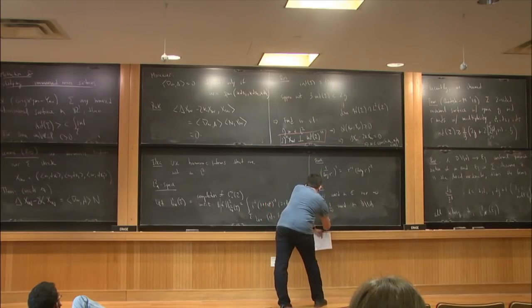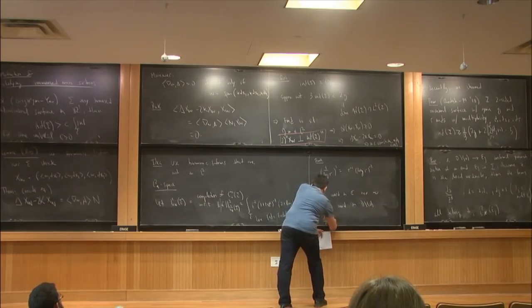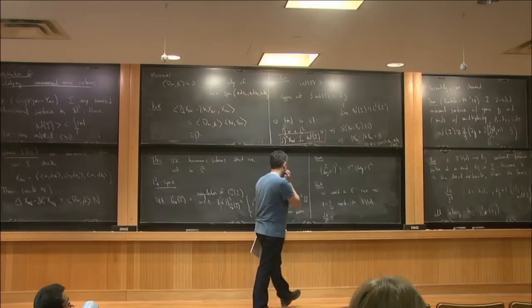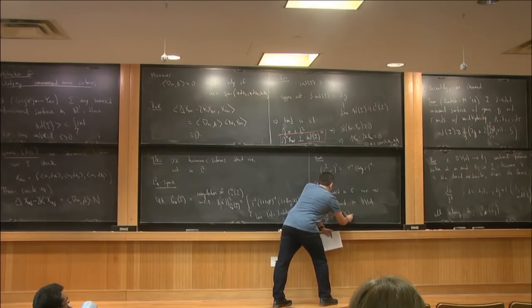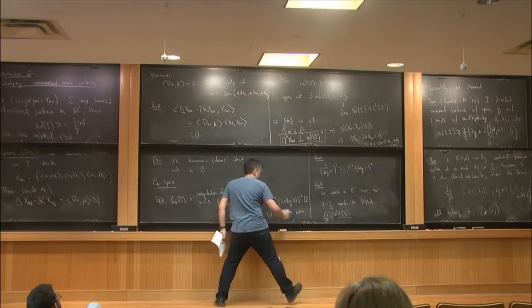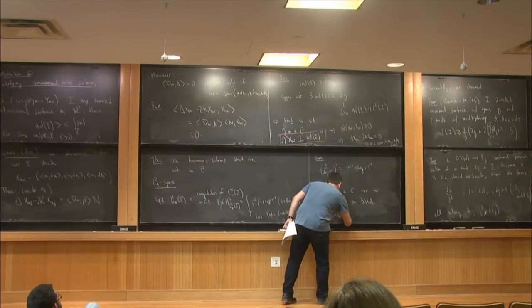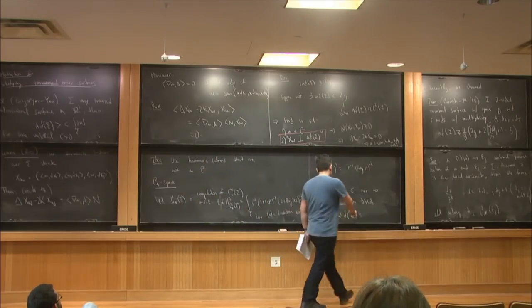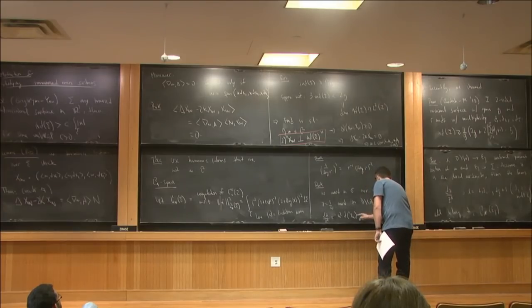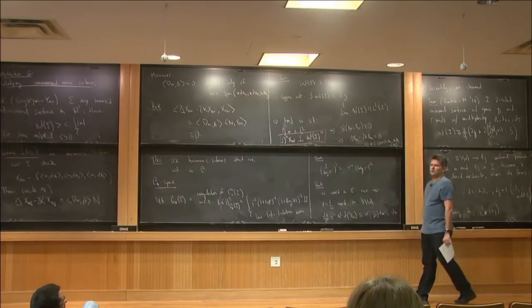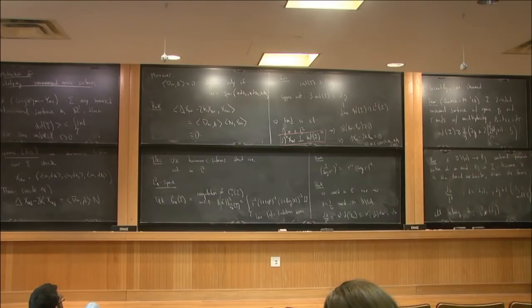Then dz over z squared is d of 1 over w, over 1 over w squared, which is w squared d of 1 over w. But if I differentiate this, I get just minus dw.